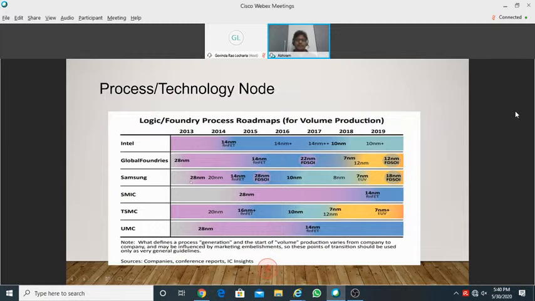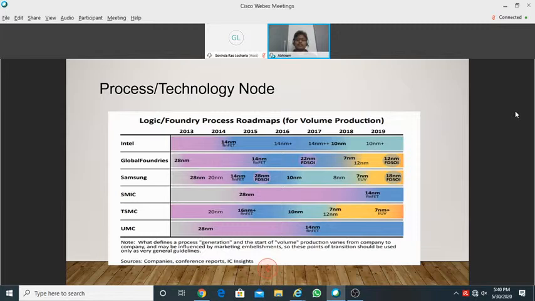So it is mainly driven by volume and by what each customer demands. For example, if the customer's requirement is very high computation and low power dissipation, then he has to put a lot of logic inside it.